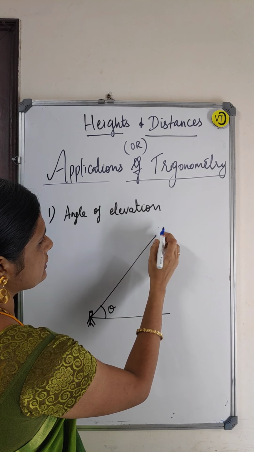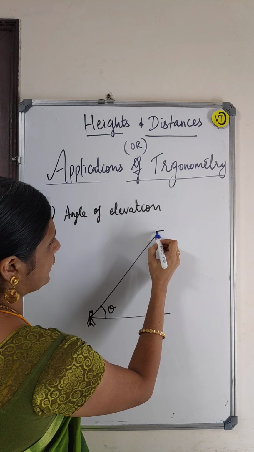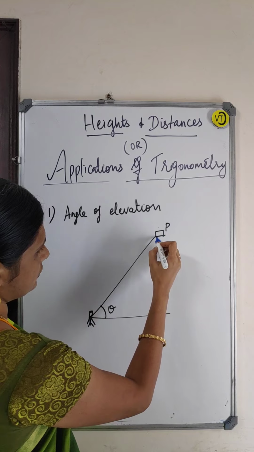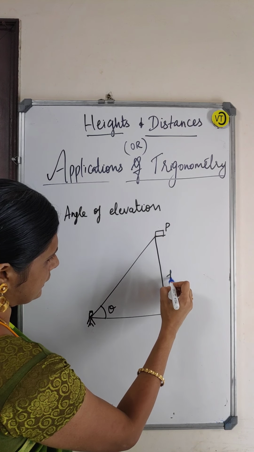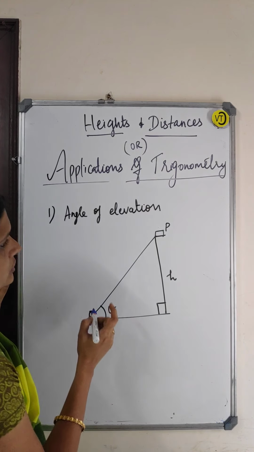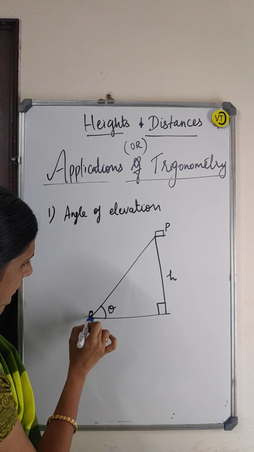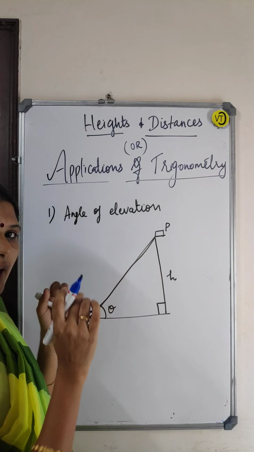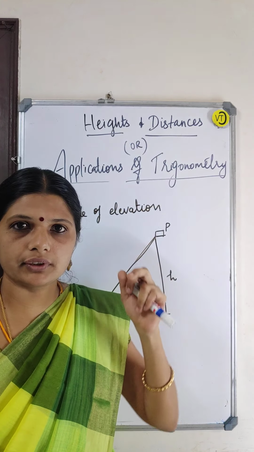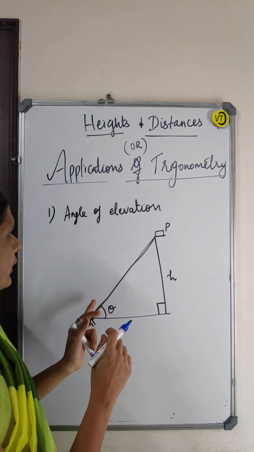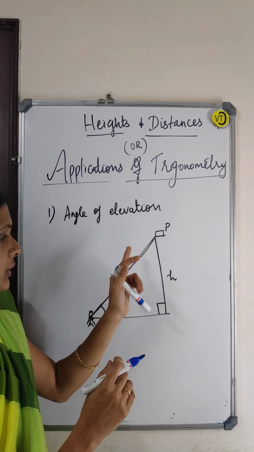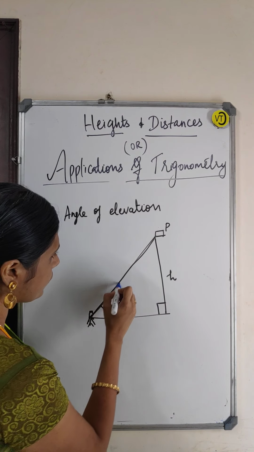Here you are seeing some tower, or some flight, it is an object, it is P, right? So this is the height, 90 degree. Angle of elevation means you are seeing from here to there, it is up. Your eyeball should be going up. So that is angle of elevation, guys. Students, you understand that is angle of elevation.